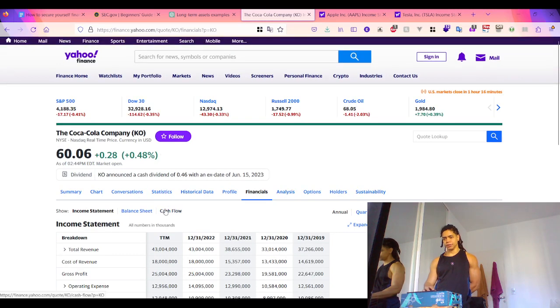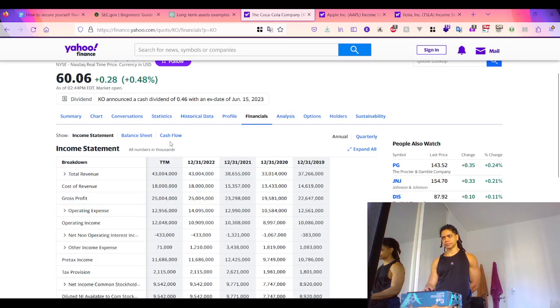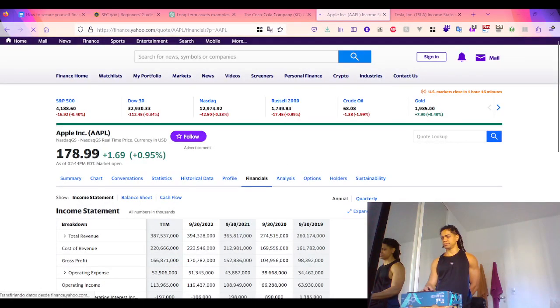No, cash flow, please. Show cash flow. Oh, I have some issue here with my internet. Please connect to this closer Wi-Fi.